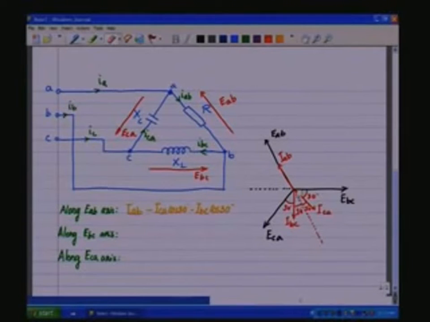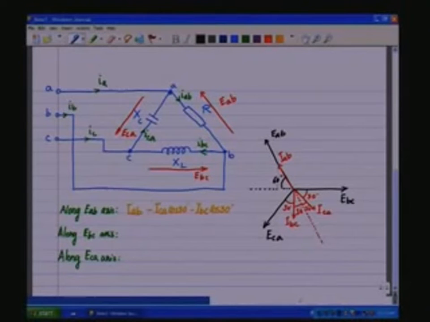So, there is no projection of IBC on the EBC axis. Okay. So, we have only the projection of IAB on the EBC axis, that is negative IAB. Now, if this is 120 degrees, this is right through in between, so this has to be 60 degrees.